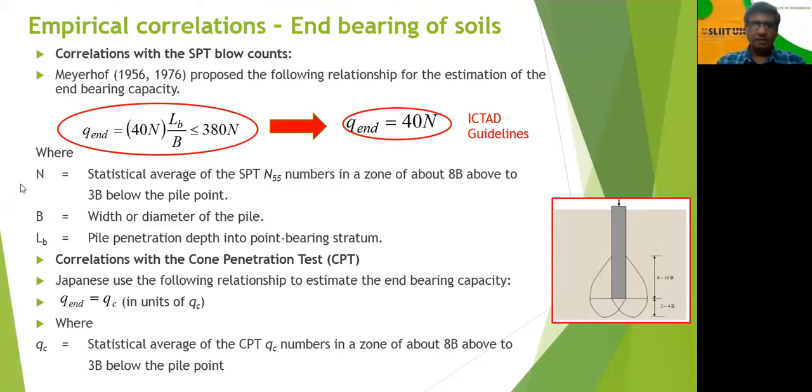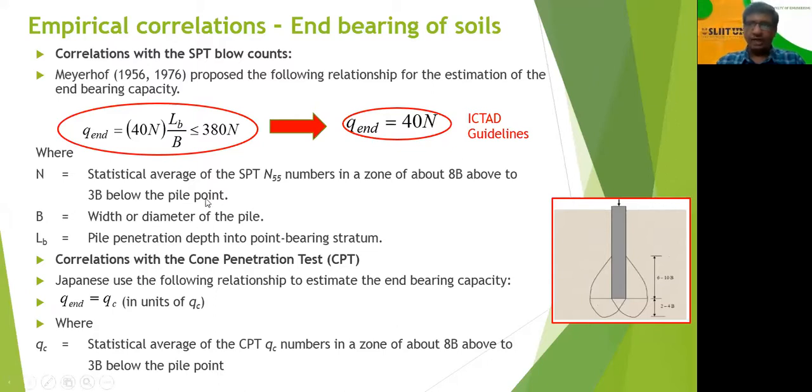So here what you have to understand is that you have to get the average SPT N value in the influence zone, right? Earlier I mentioned that the influence zone is about 8 times B above the pile toe, and 3 times B below the pile toe, right?